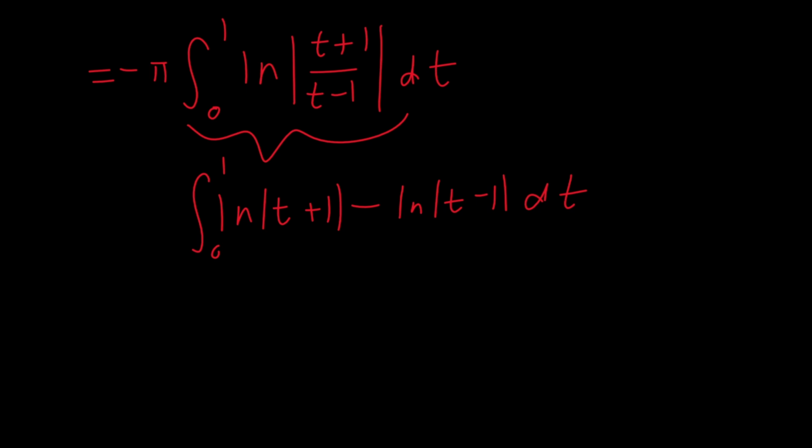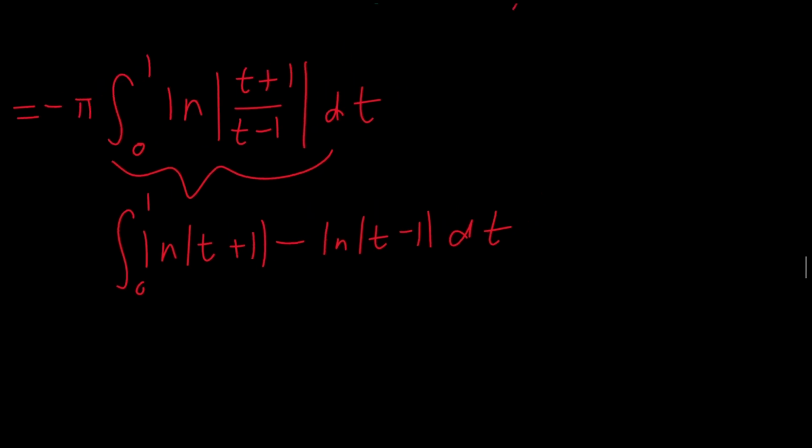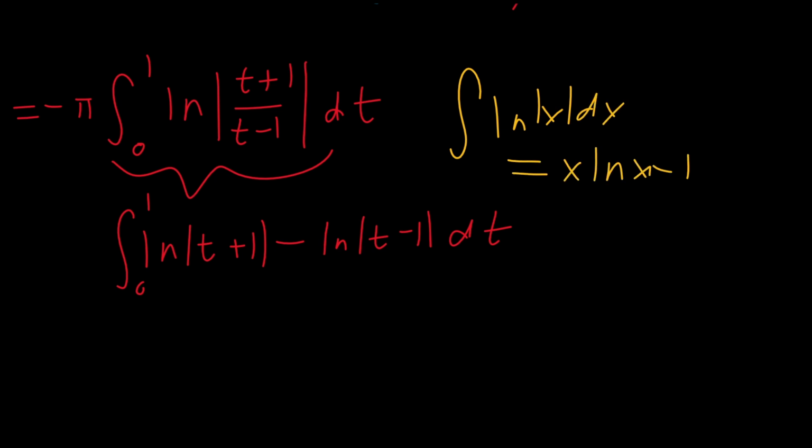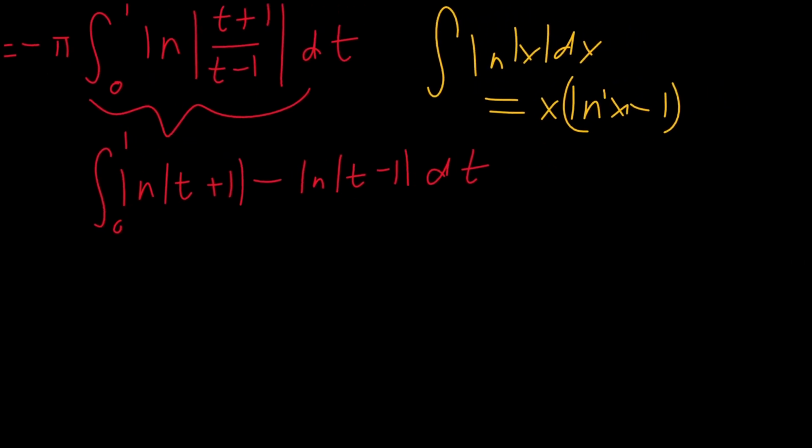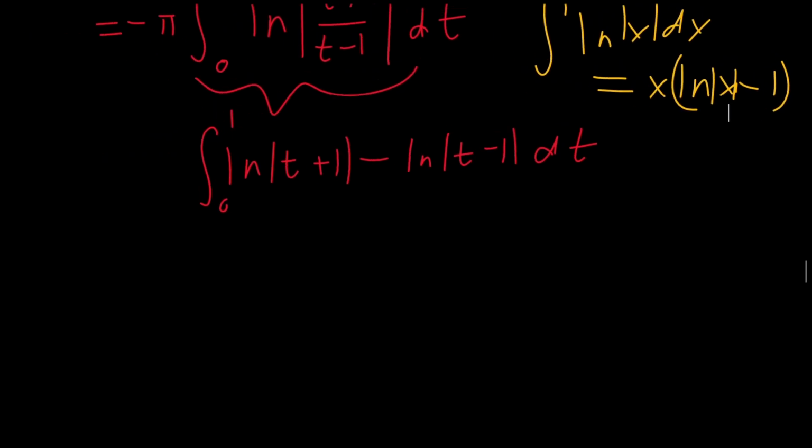And to evaluate these, we could do integration by parts, but just for the sake of brevity, we're just going to say that the integral of natural log of x dx is going to be equal to x times the natural log of x minus 1. I suppose these should really be absolute values right here, but that's what we're going to say. We're just going to use that real fast.